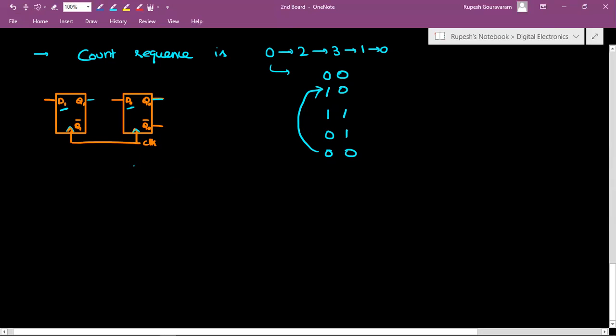Now writing the excitation table, it will be for two flip-flops, first one, second one. Now let us take Q1, Q0 as one input. This is the present state, right? And the next state we will write as Q1 plus and Q0 plus. And the next one, D1 and D0.